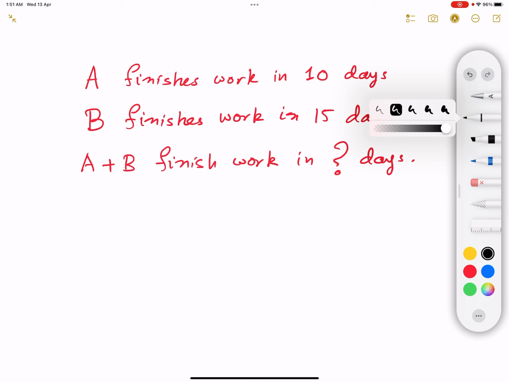To answer this question, first of all, we need to think about the numbers 10 and 15, and calculate something called the least common multiple. I guess you learned how to do this in high school. First, we factorize 10 into its prime numbers: 2 times 5. 15 is equal to 3 times 5.